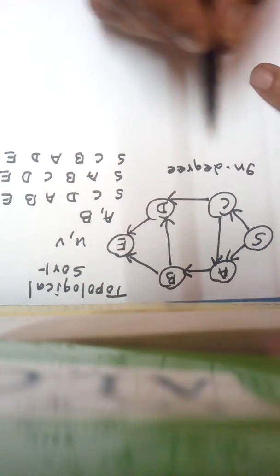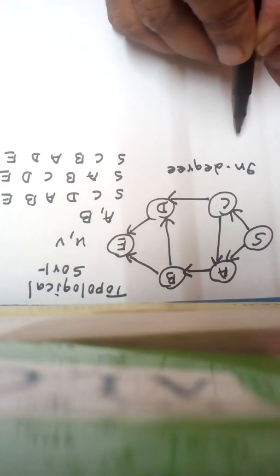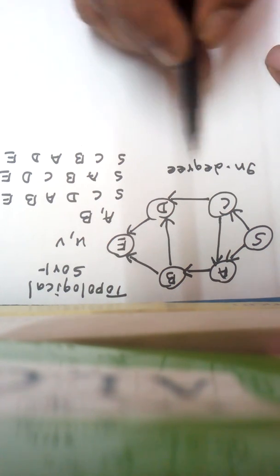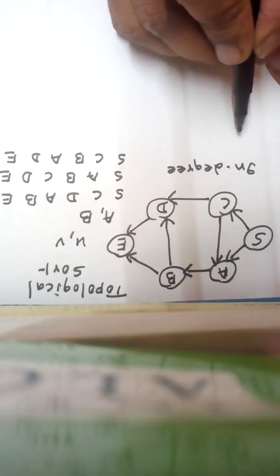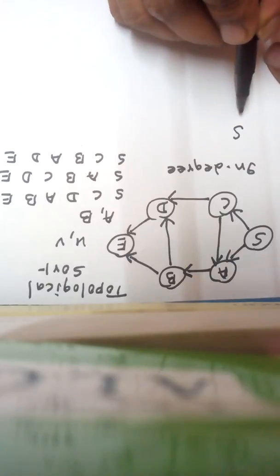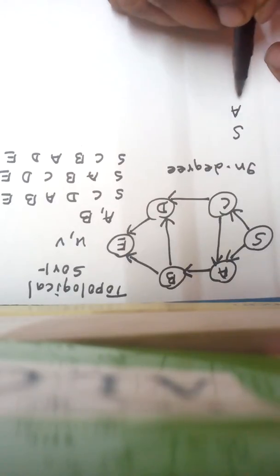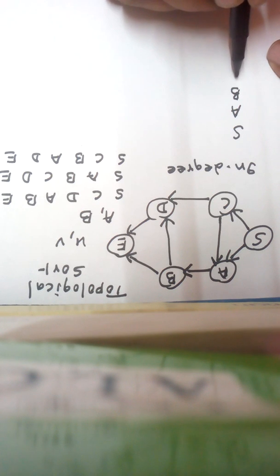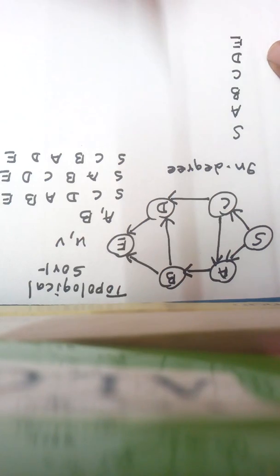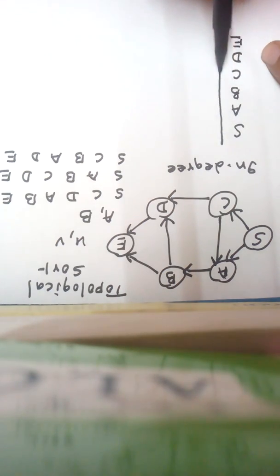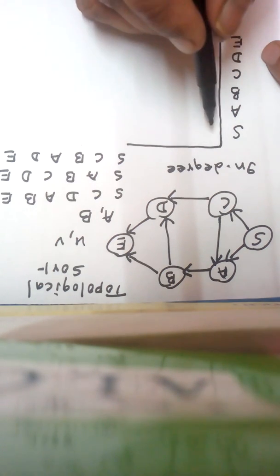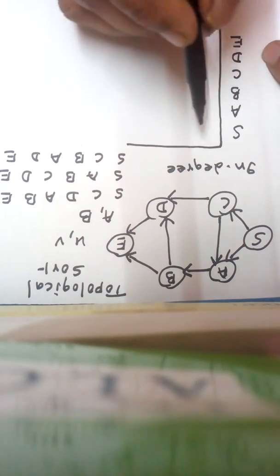So how are we going to start with this? We are going to form a table with the vertices in the graph as the rows. So let us start with S, A, B, C, D, and E. And initially at the first iteration, let us note down the in degree of the vertices in the graph.